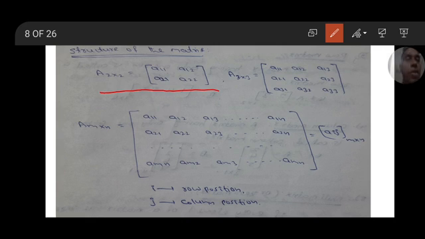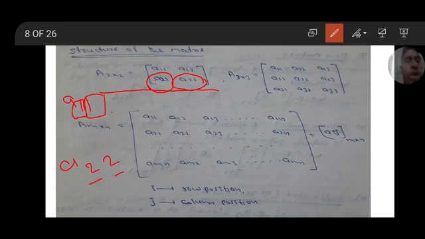What does A11 represent? In A11, the first number 1 represents row position and the second number 1 represents column position, meaning the element belongs to first row and first column. A22 means second row, second column. A21 means second row and first column. The first number represents row position, the second number represents column position.